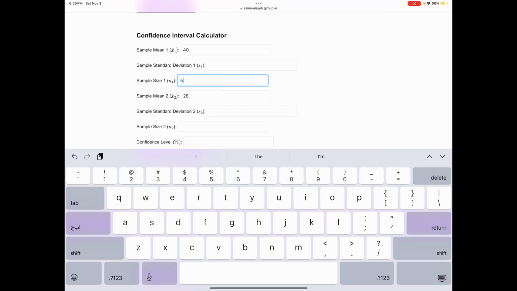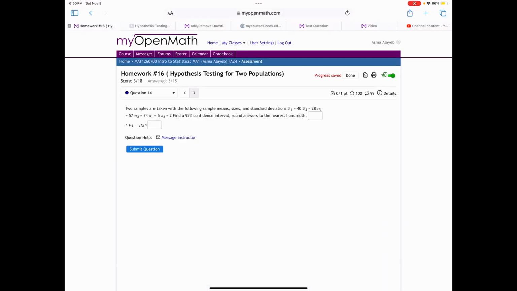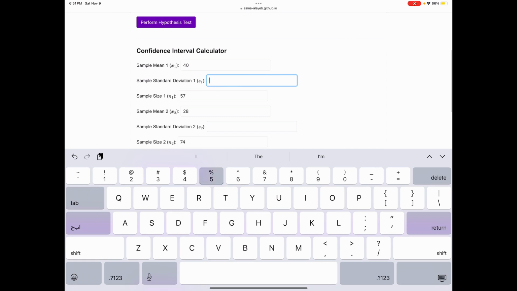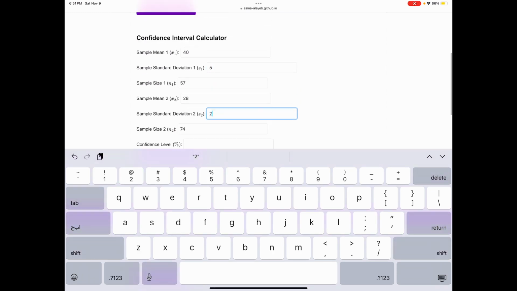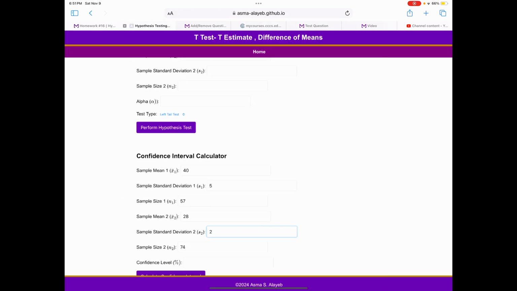N1 is 57, and N2 is 74. The sample standard deviation is 5. The second sample standard deviation is 2. So S1 is 5, S2 is 2. And the confidence level that we need here is 95%.